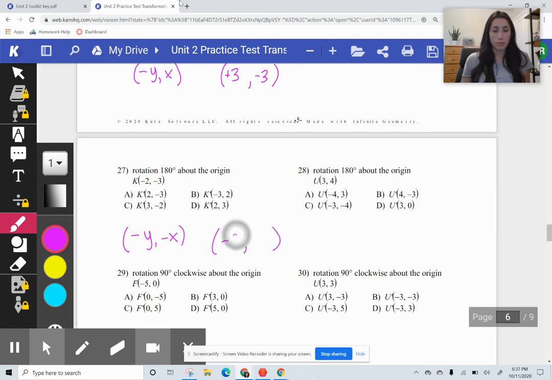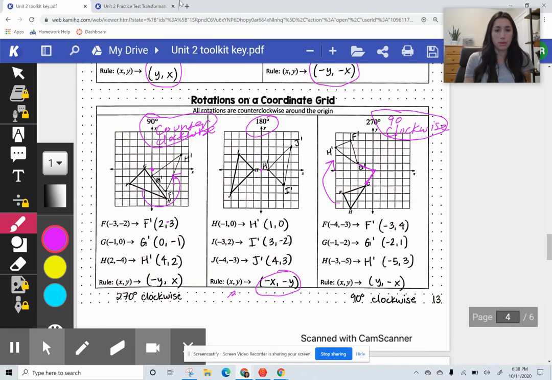I'll put the negative 3 here, I'll put the negative 2 here, and it looks like they're both changing signs. This will become positive, this will become positive. So we've got 3 comma 2 as our solution. 3 comma 2. What did I do? Let me check. 180. Oh, 180. I am not changing their locations.